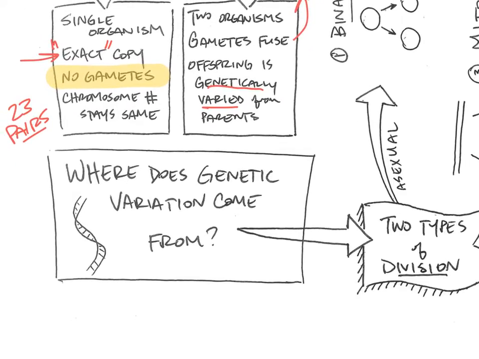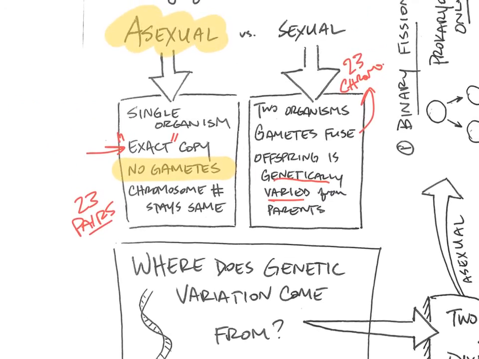And genetic variation is important, right? When we're talking about bacterial cells, if you introduce an antibiotic, it can wipe out the entire strain of bacteria. Variation in terms of asexual reproduction can come in the form of mutations. So the "exact copy" is in quotes because I can have mutations.